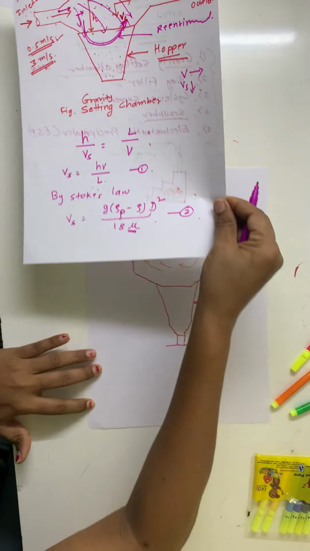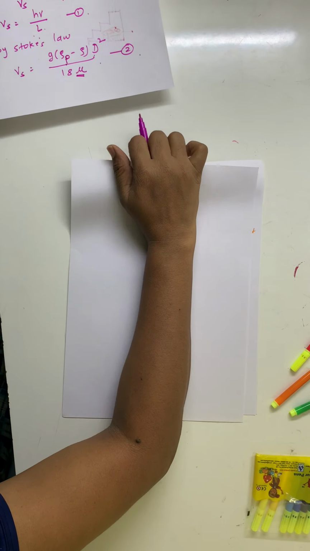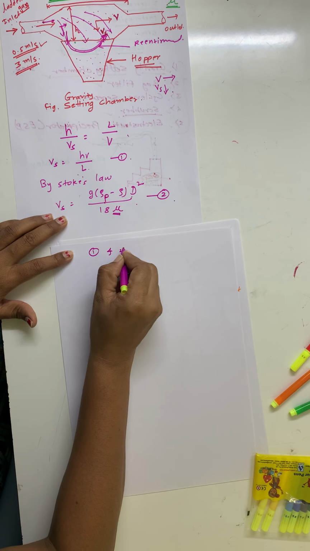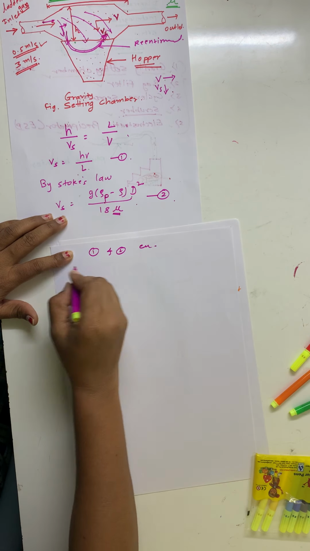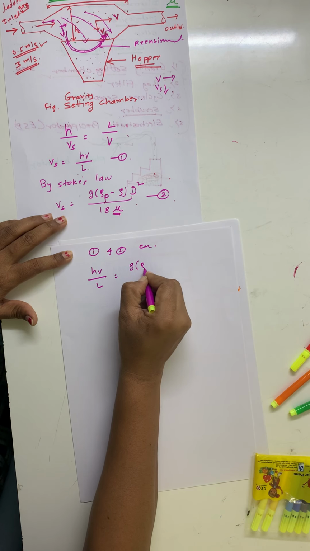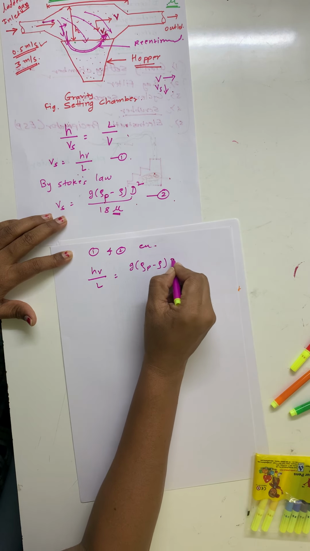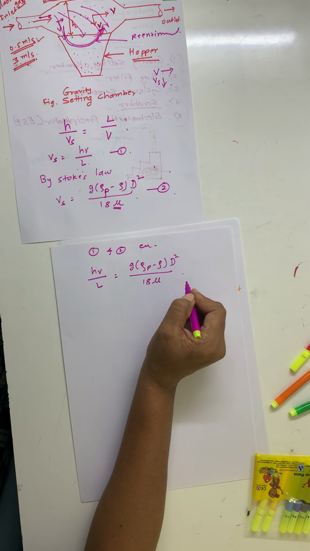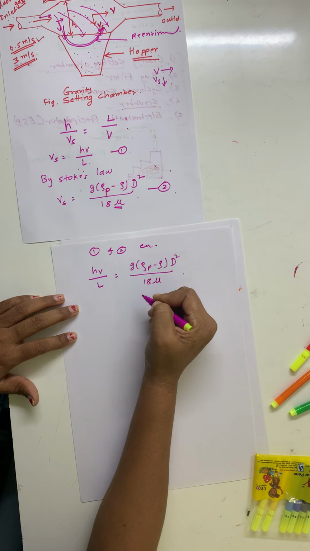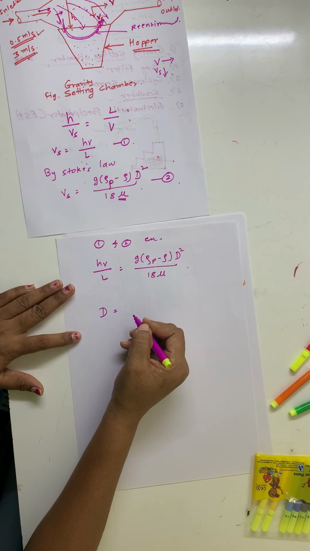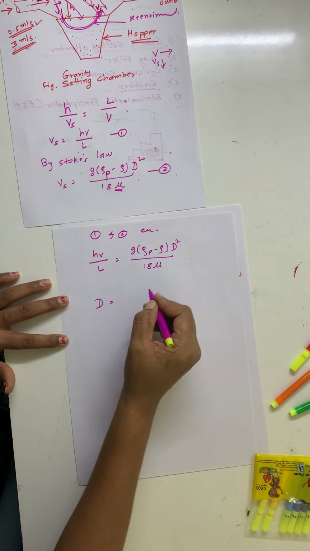Now we will equate both equations, equation number 1 and equation number 2. HV upon L is equal to G into rho P minus rho into D square divided by 18 mu. When you equate and solve further, you will get the equation for D, the diameter.